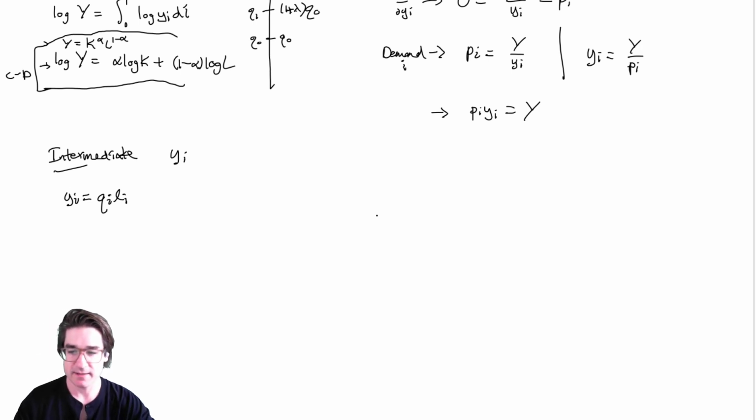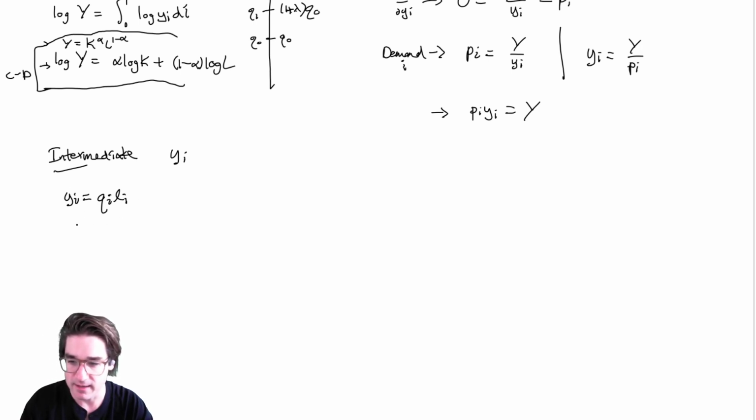That's going to be important for each individual product, and the state of technology right now is going to be the infinite-dimensional vector of qi's from 0 to 1. We'll see that there's an aggregation that's a sufficient statistic later on. But for now we just need to think about this linear technology.